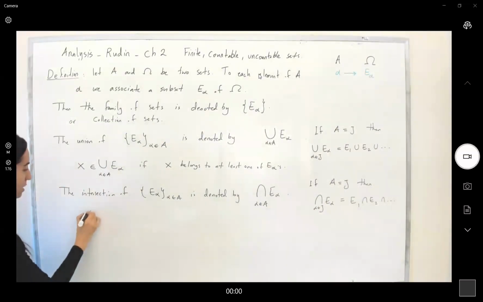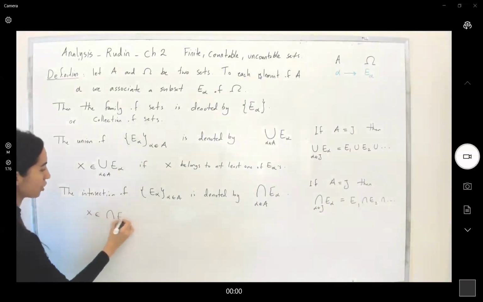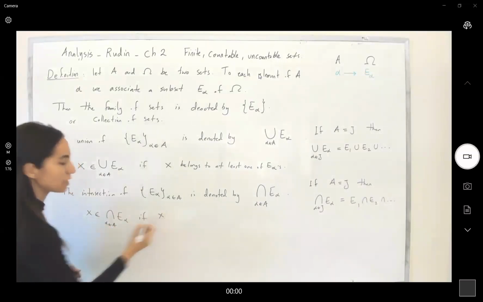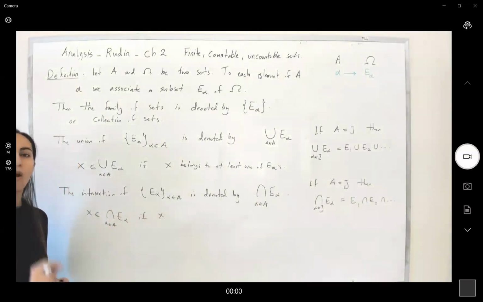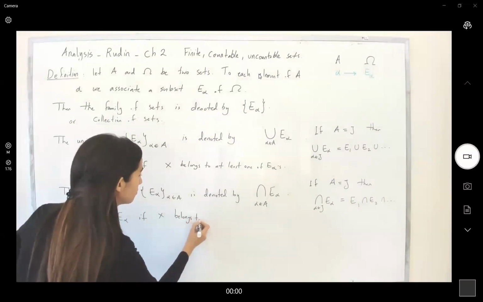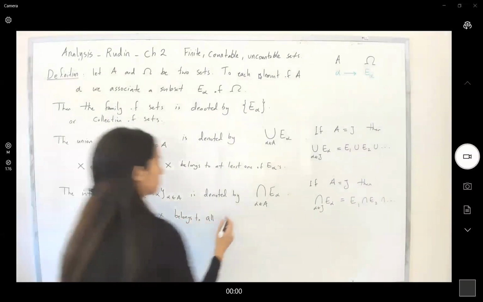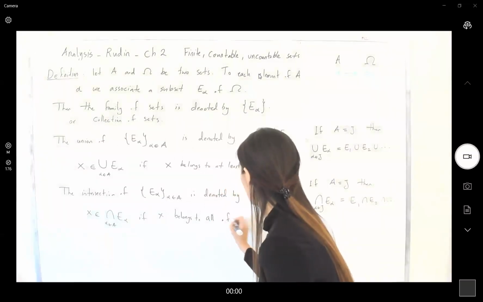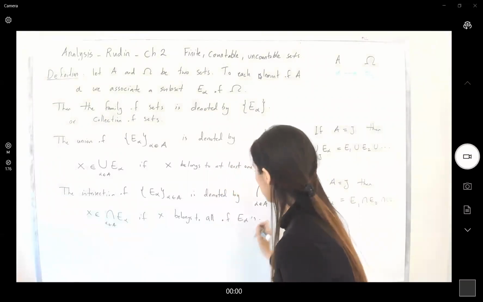Now we say that x is a member of an intersection if x belongs to all of the members in the collection, all of the alphas.